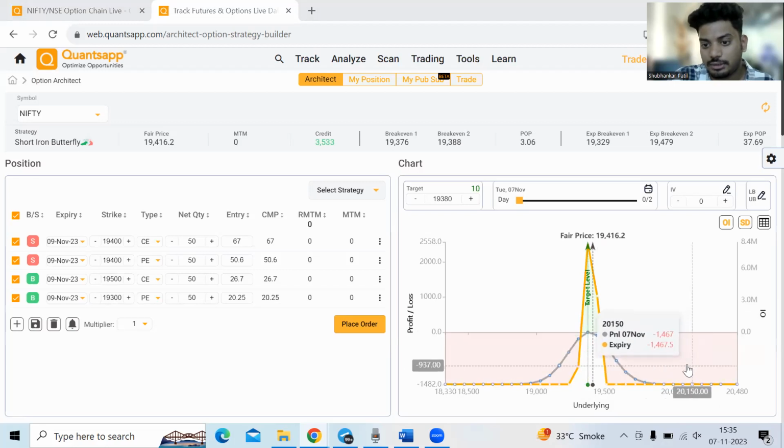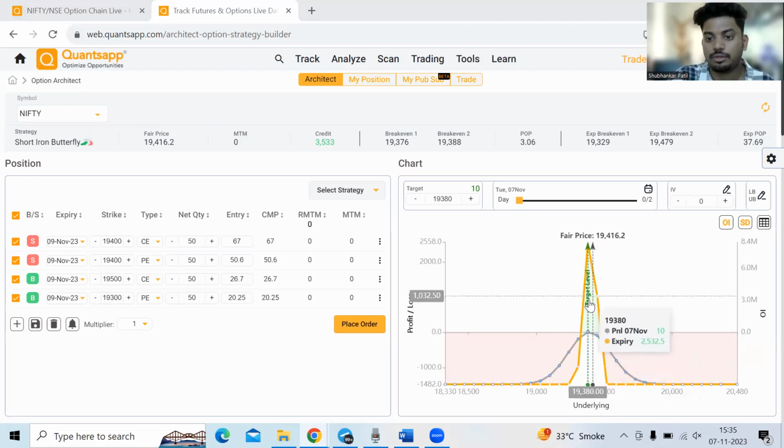It is just 1400, but the range which you were getting earlier has shrunk, and the profit that you are making has also reduced. So depending on how much premium the market has to offer you, accordingly this strategy will adjust itself. The only thing we need to do is modify the strike selection a bit here and there. So this is the first strategy, which is short iron butterfly.